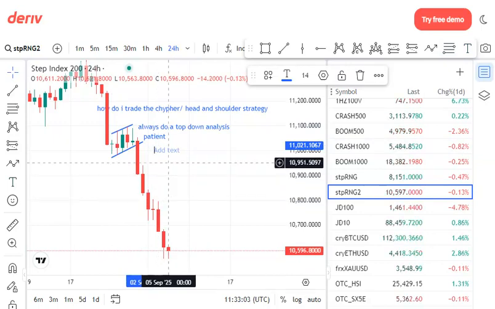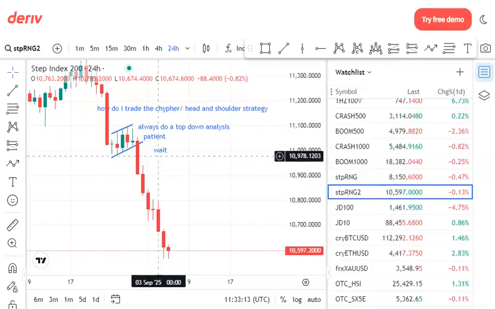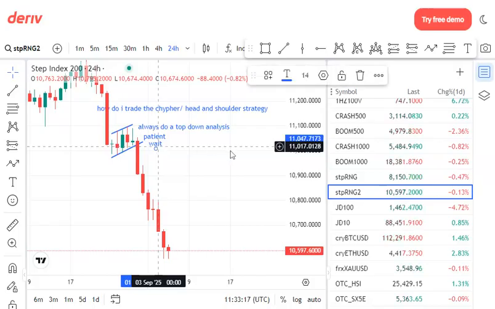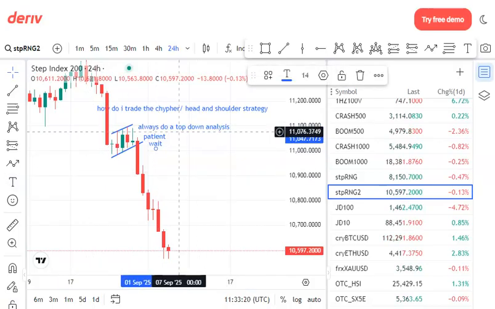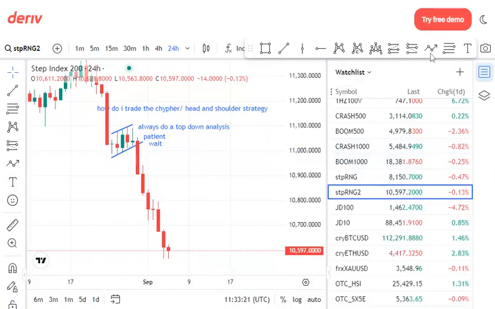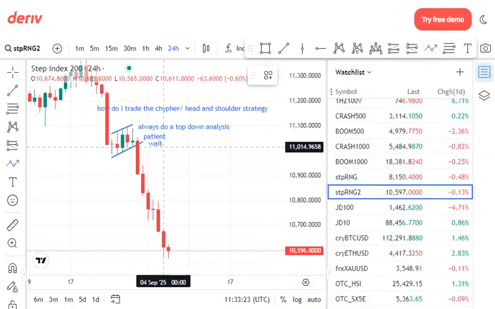So the third step is to wait. WAIT. Please wait. When you want to take a trade, you need to learn that you have to wait. Patience is waiting, but waiting is more important than patience because if you do not wait, you might not have patience.